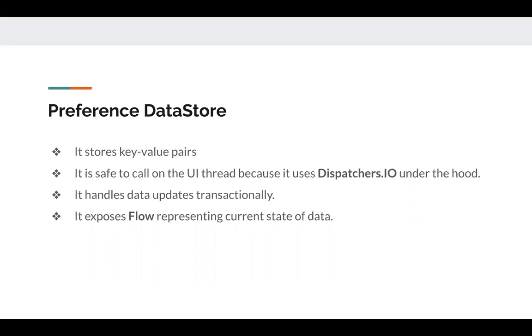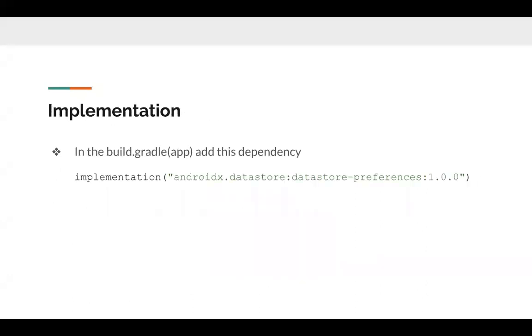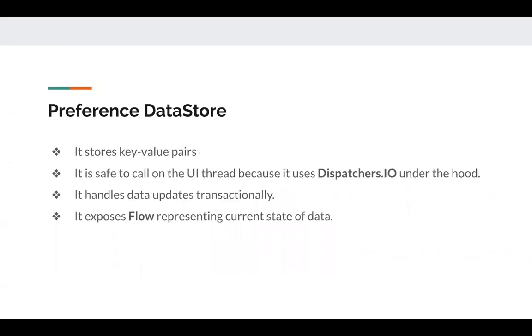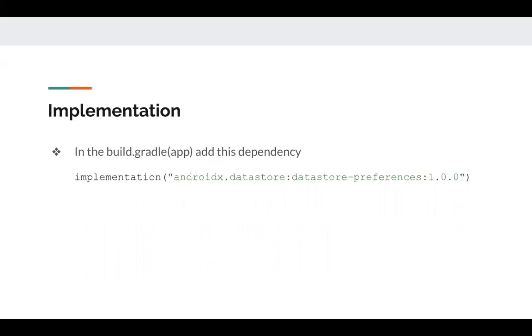Then it does data updates transactionally, so update operations are considered a unit. They either pass or fail together. And then it exposes a Flow for representing the current state of the data. Let's see that shortly.